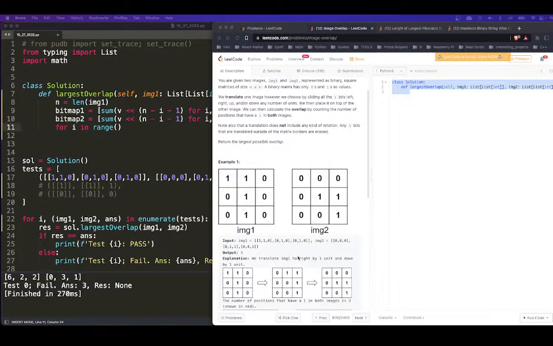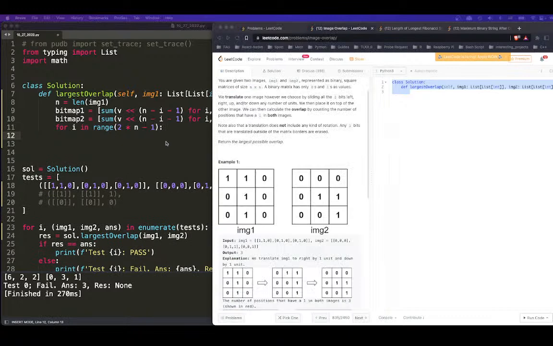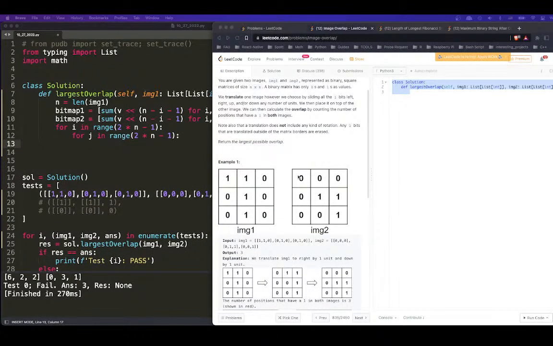That'll be 5, right? So 2 times n minus 1. This is on the i, how many we have to go. And then for j in range, 2 times n minus 1, right? Because j goes from here and all the way to this, right? We have to go like that.